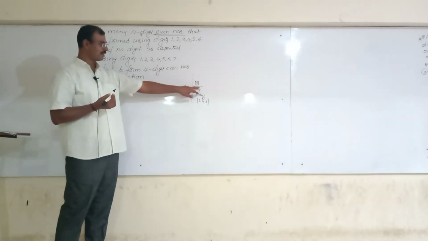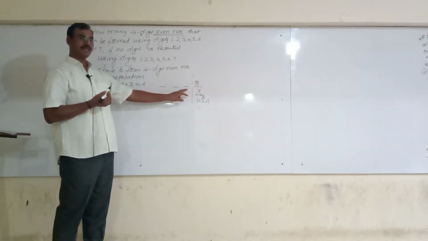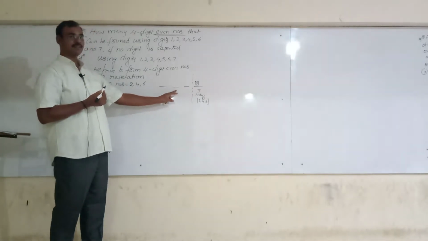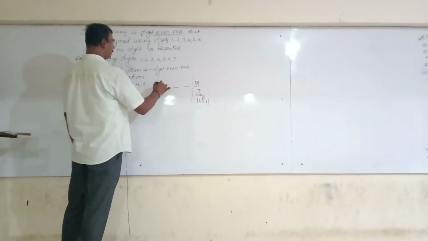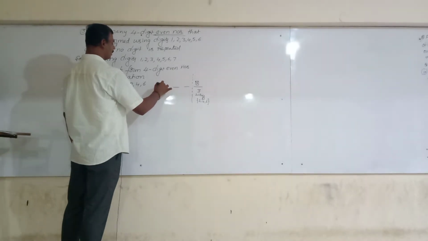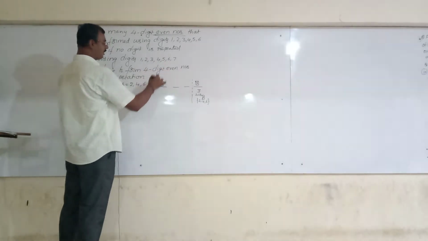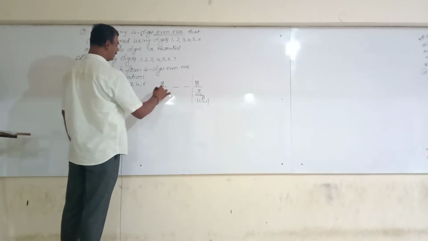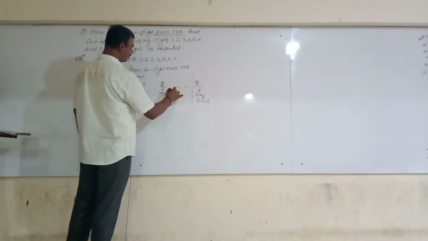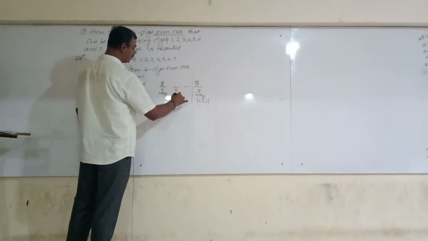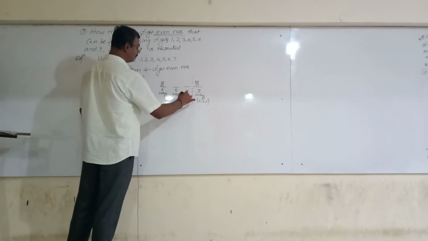This is the unit place, this is the tens place, hundreds place, and 1000th place. In the 1000th place, the 6 digits can fill it in 6 ways. In the same way, 5 digits are left, so this can be done in 5 ways. This can be done in 4 ways.